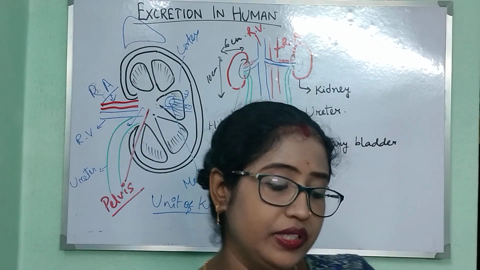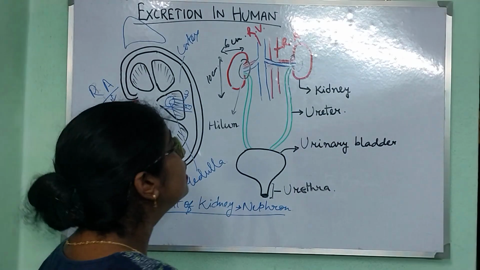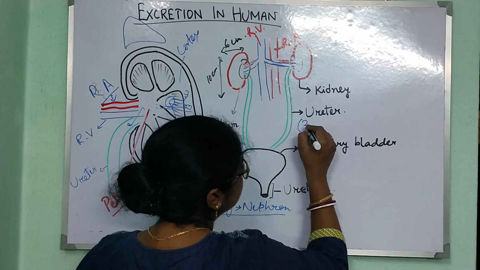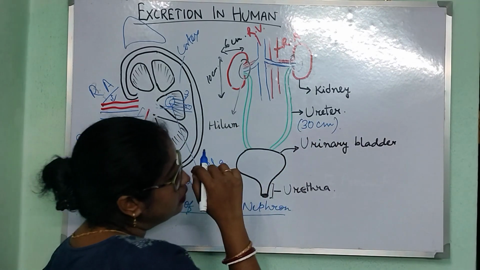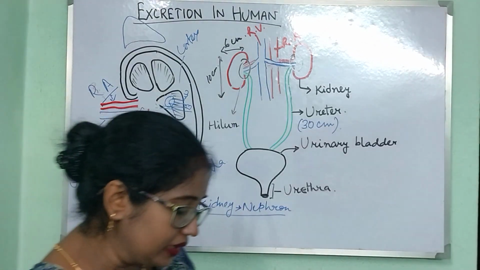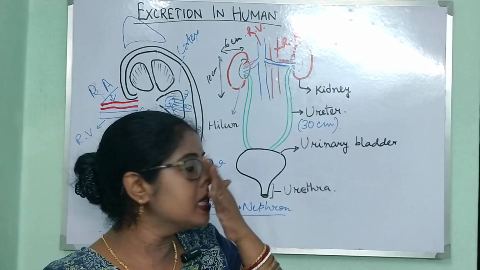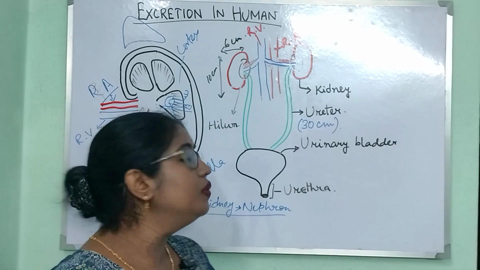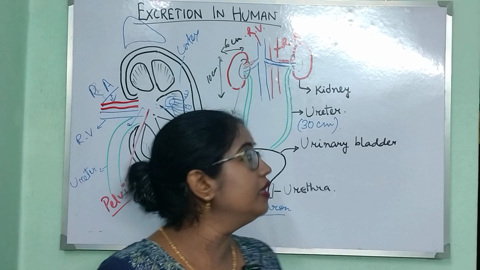Next, we discuss the ureter. The ureter is near about 30 centimeter long. It is nothing but a pipe-like structure that originates from both kidneys and ends up in a bag-like structure known as the urinary bladder.